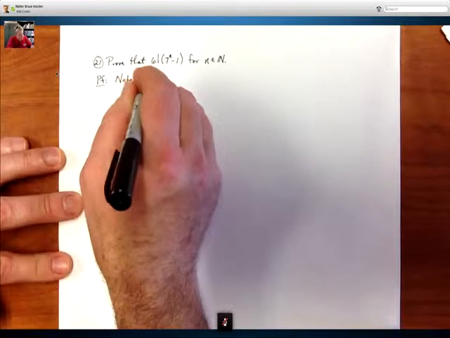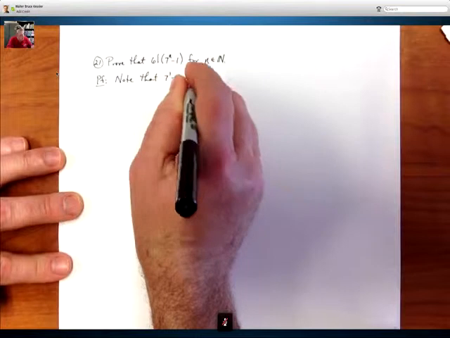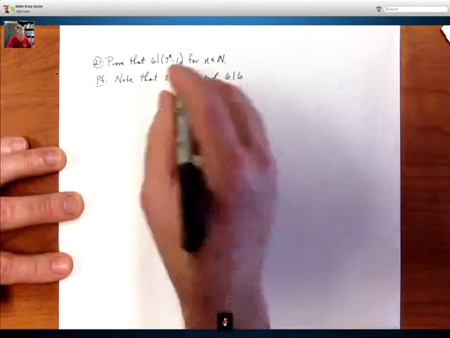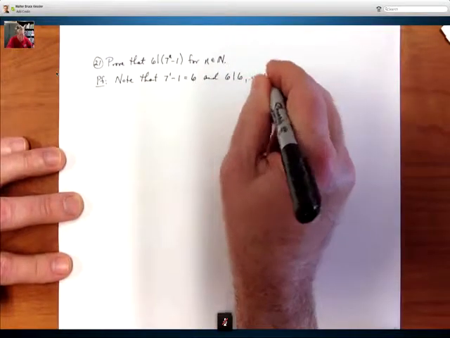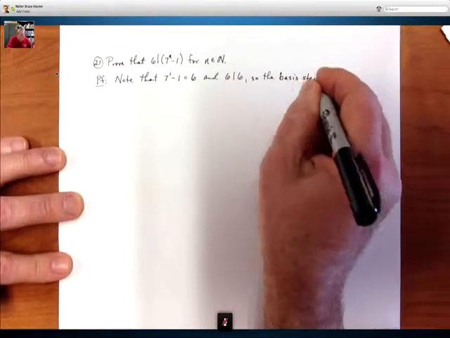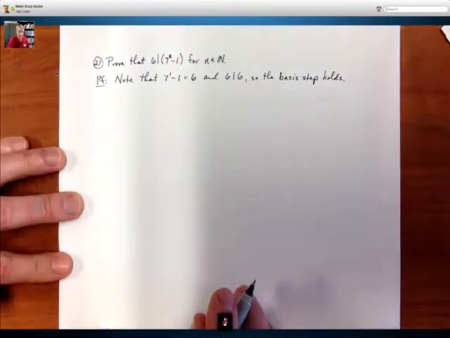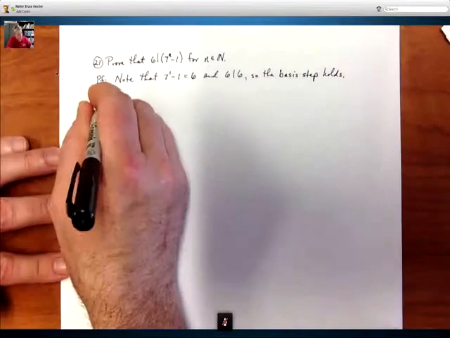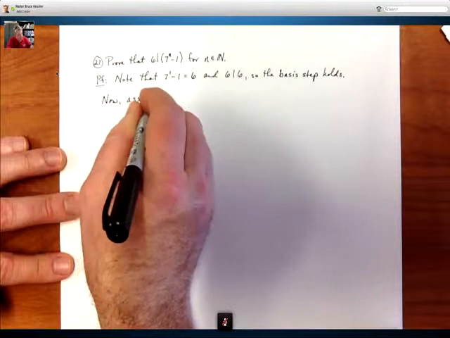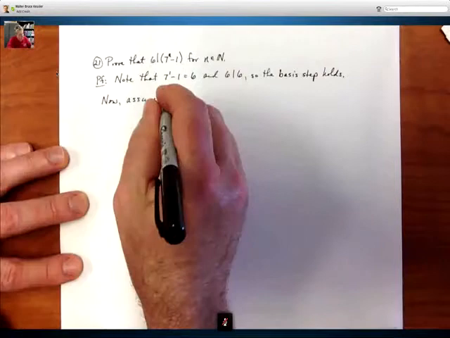Note that 7 to the 1 minus 1 is 6, and 6 divides 6. So the basis step or initial step holds. Okay. Now assume that this holds for some natural number k.